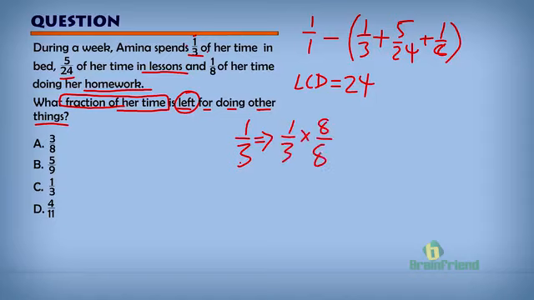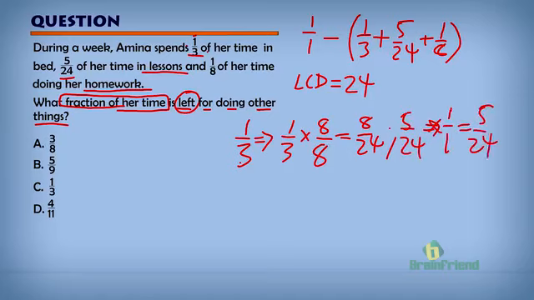Multiply top and bottom by 8. 1 over 3 times this would give us 8 over 24. Same for 5 over 24, that would be times 1 over 1, which gives us the same 5 over 24. While for 1 over 8, the number that we multiply 8 by to give us 24 is 3. Multiply top and bottom by 3. That would be 3 over 24.